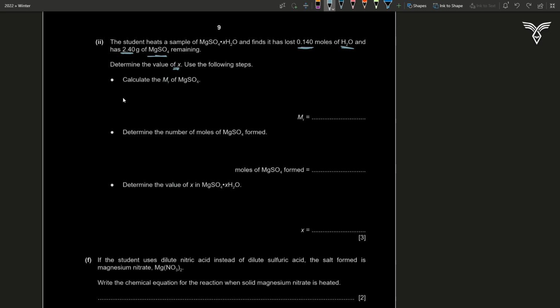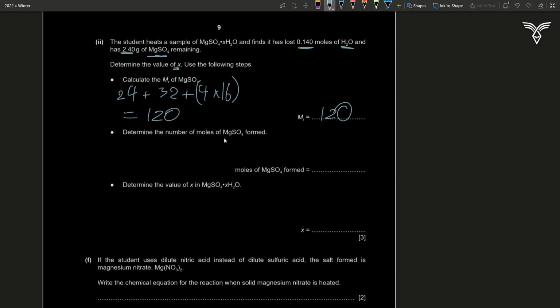Magnesium has an atomic mass of 24, sulfur has an atomic mass of 32, and there are 4 oxygens, each with a mass of 16, so 64 in total. If you add these up, your total answer is going to be 120. So the Mr is 120, no unit as we said, doesn't matter.